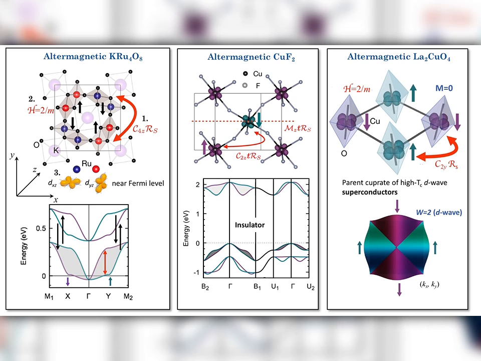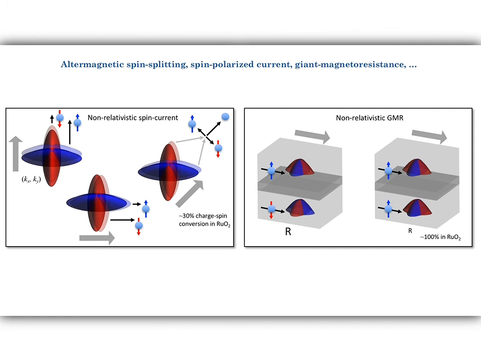And so finally, let me show you an example of the spintronic effects that we can get in these altermagnets with the spin polarized band structure. So the first effect is a non-relativistic spin current. Here you see an example of these anisotropic spin split Fermi surfaces, where red corresponds to one spin orientation and blue to the opposite.